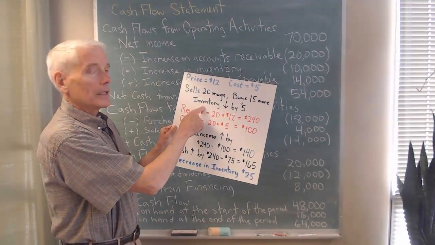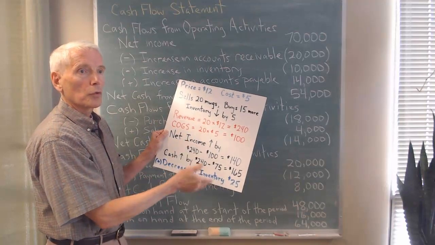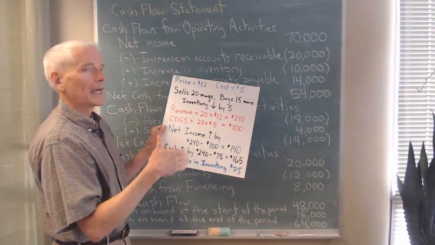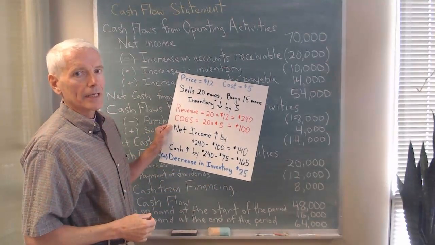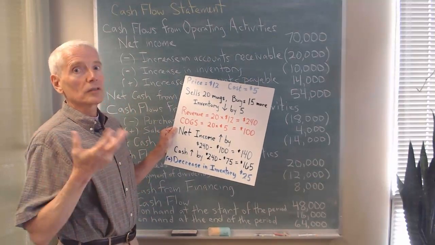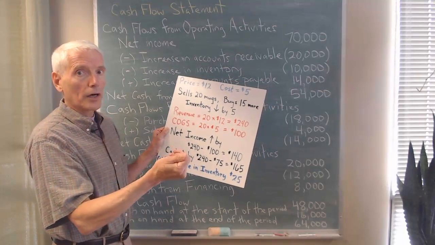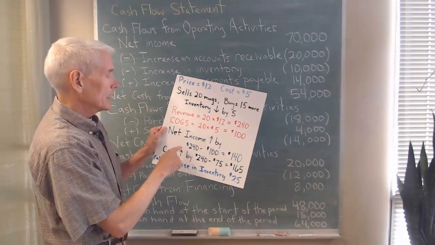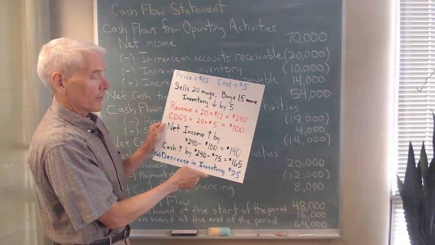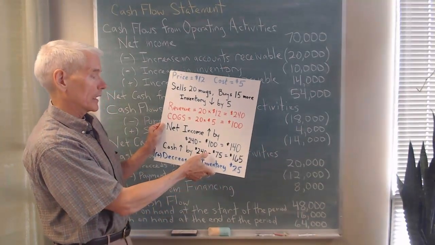But inventory dropped by 5. 5 of the mugs that were sold were not replaced. So we're kind of cashing out of some of that inventory. Remember, we said that when we bought the inventory, we subtracted the cost of the inventory when we bought it because that's cash out. If we're not replacing all of them, we are not deducting the full $100.